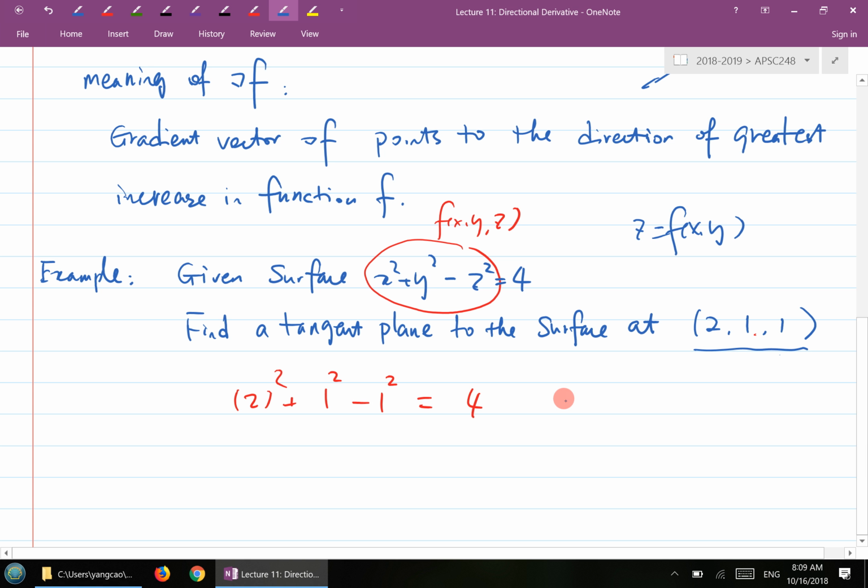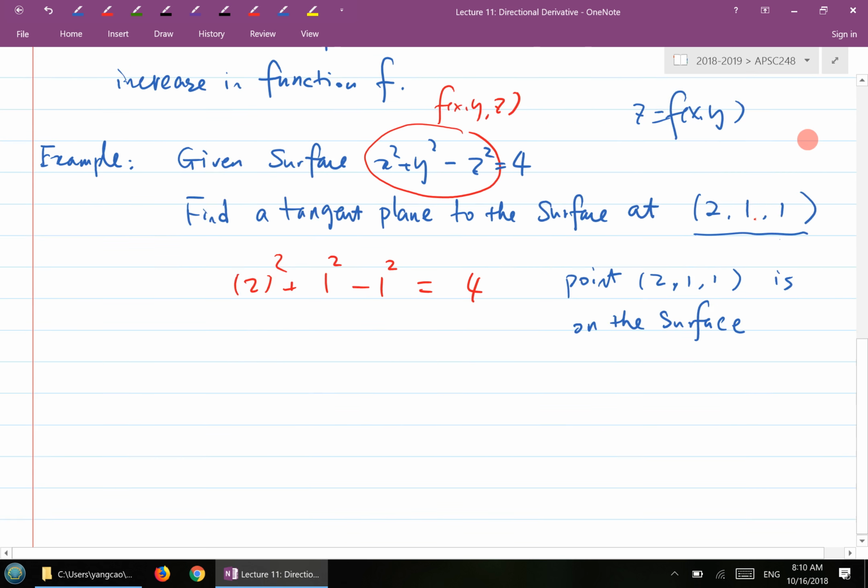So this is just a quick verification, but typically you don't need to verify that. So the point (2, 1, 1) is on the surface.